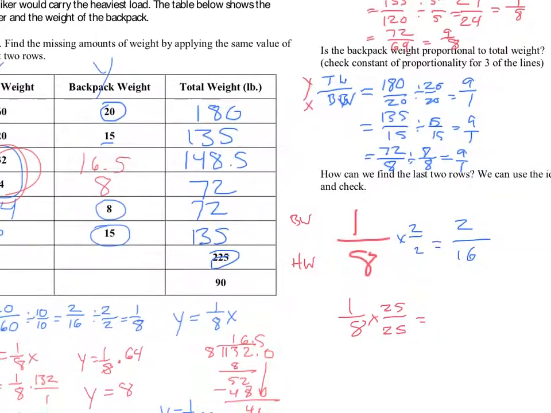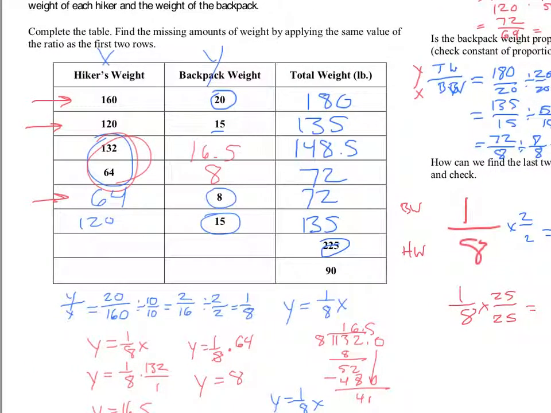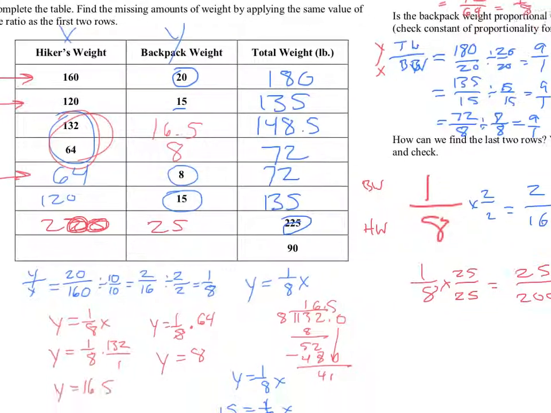So top times top gives me 25 pounds for the backpack weight. And 8 times 25 is actually 200. If I add these two things together, this will make sense: 200 for my hiker's weight, and 25 for my backpack weight, and that would work out for us.